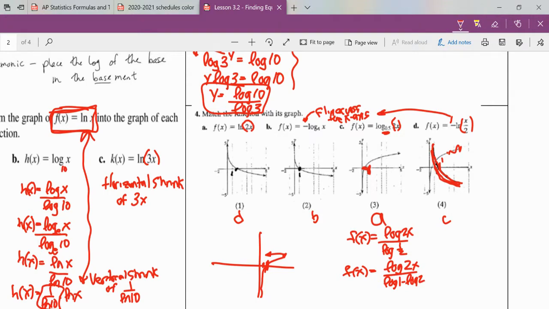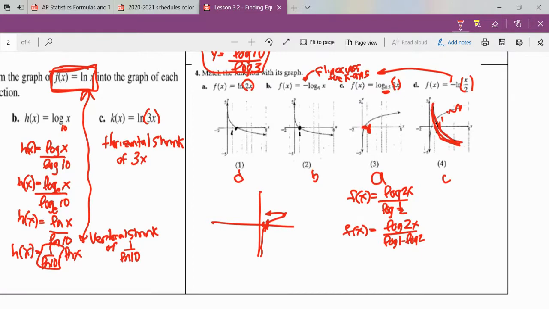Right? Log of 1 is, I'm sorry, this would actually be 0, my bad. This would be 0 because it's base 10, to what power is 1, so that'd be 0. So this is really log of 2x all over negative log of 2.